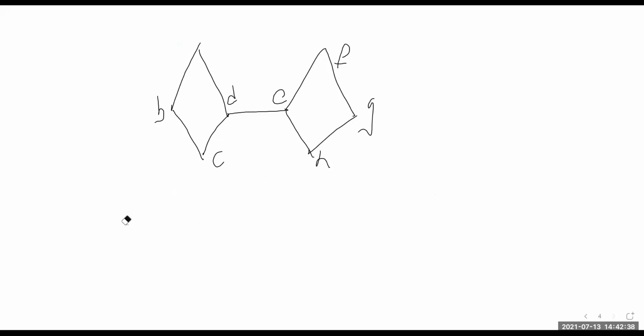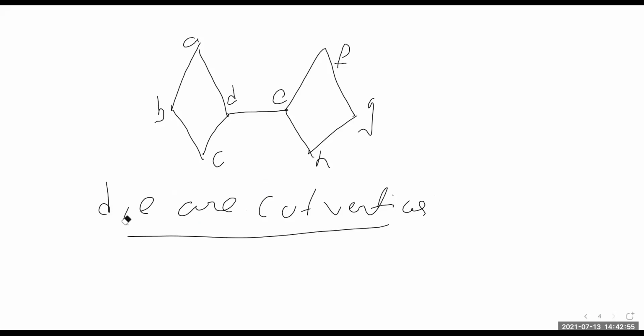Over here, D and E are the cut vertices, meaning the cut nodes. By removing D or E, the graph would be entirely changed into two disconnected parts.